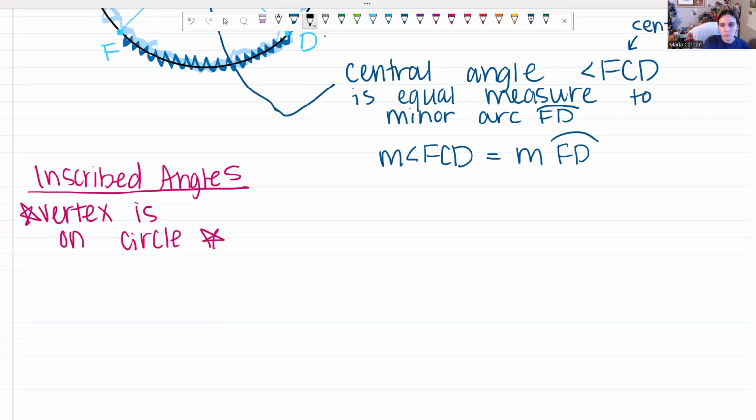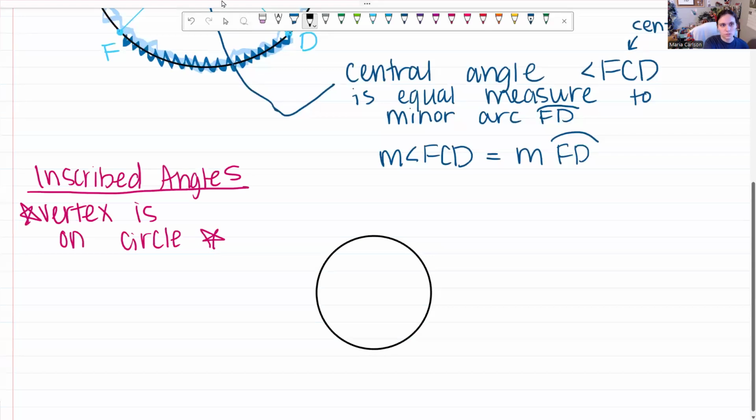So if we draw a new circle here, this is going to be a little bit smaller. Let's still have the center be C. And now I'm going to have this inscribed angle. The vertex is going to be M. And then it really is made up of two chords, right? So here's chord LM and chord MN.